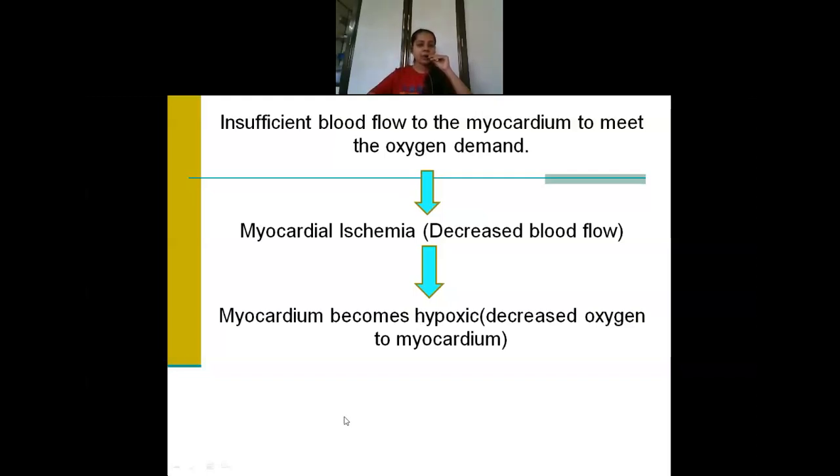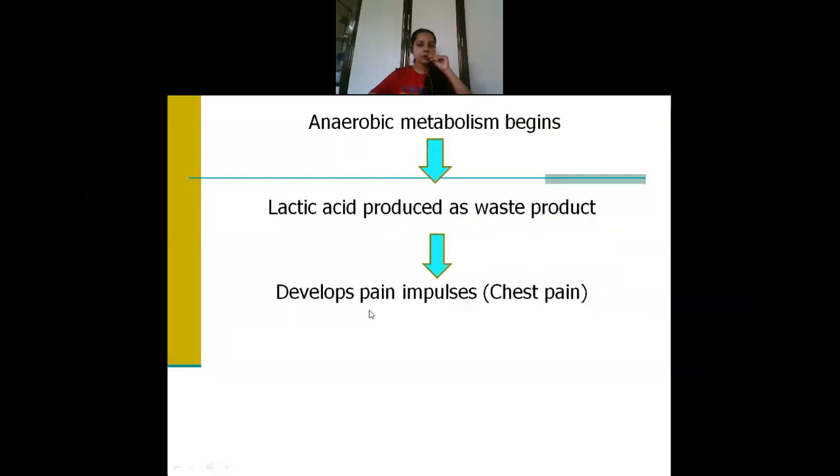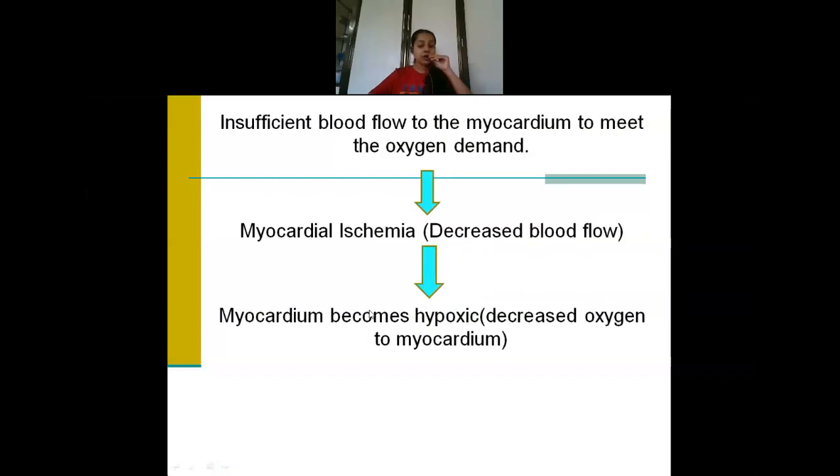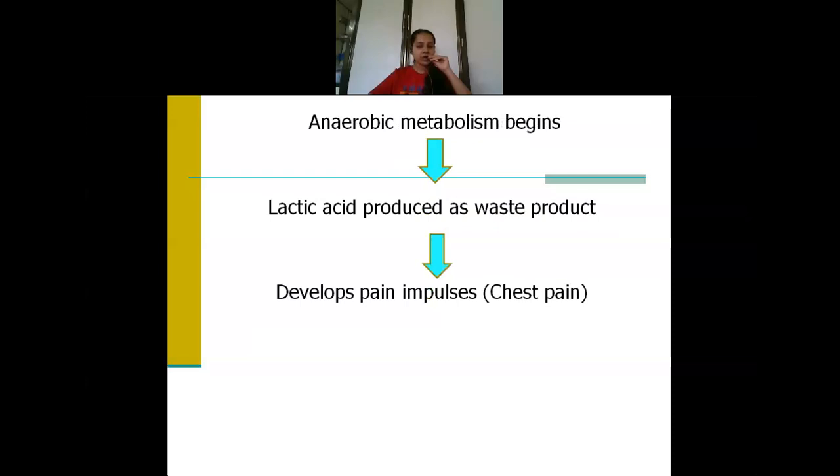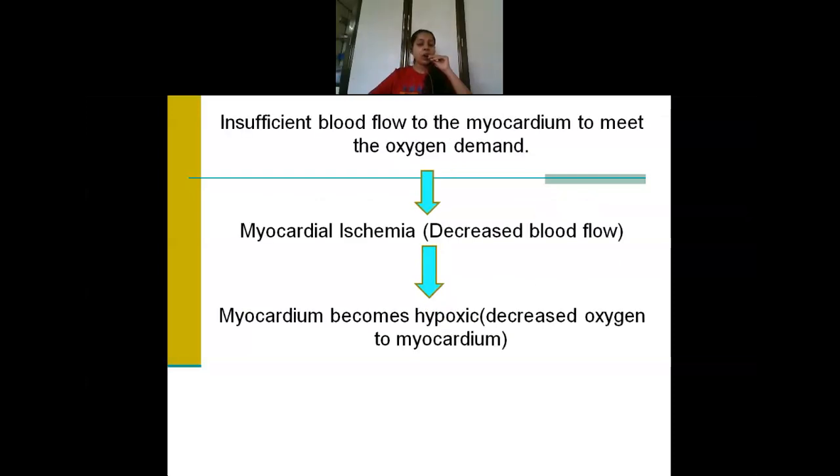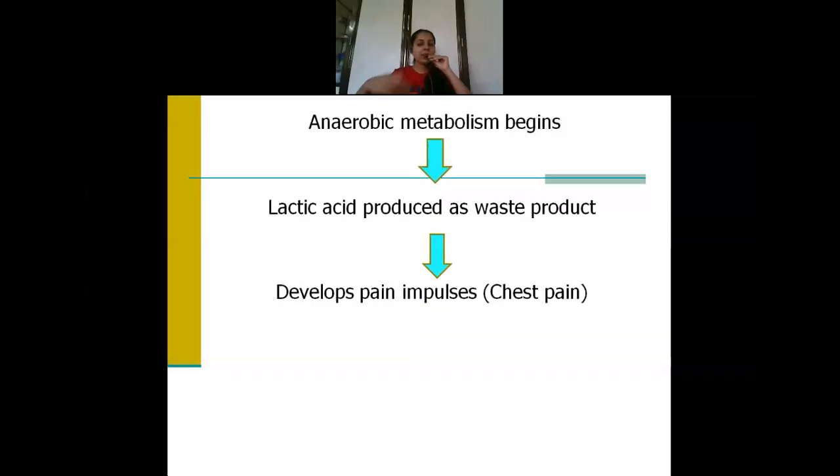Next, what will happen is, normally, you should remember, during metabolism, there will be aerobic metabolism, isn't it? Aerobic metabolism occurs. But here, because of non-availability of the oxygen, because of decreased oxygen, it will convert aerobic to anaerobic metabolism. Okay, so here what happens?